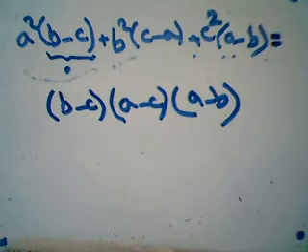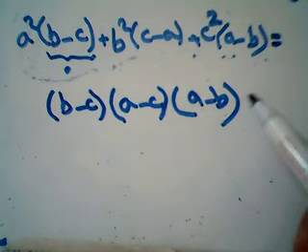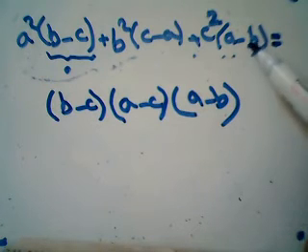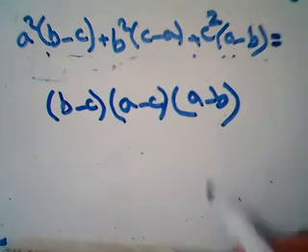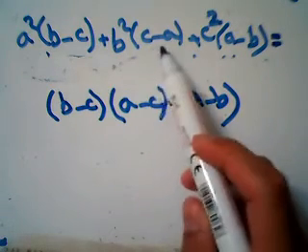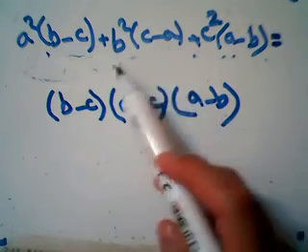And for the other factors, we could divide this by this, or we could do better. How? This is of the degree of 3.